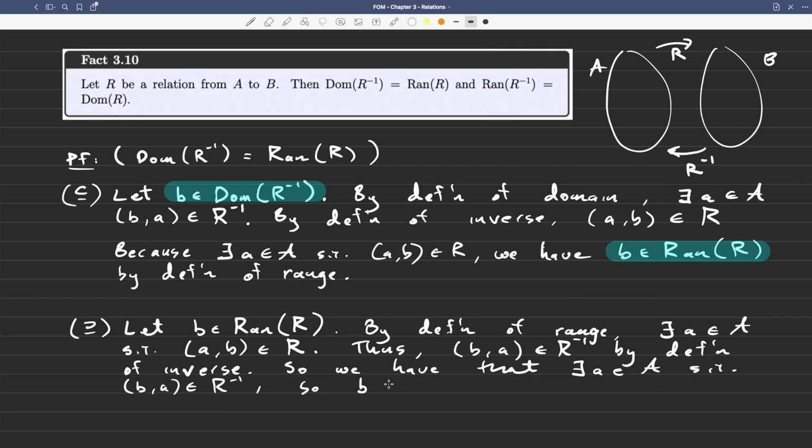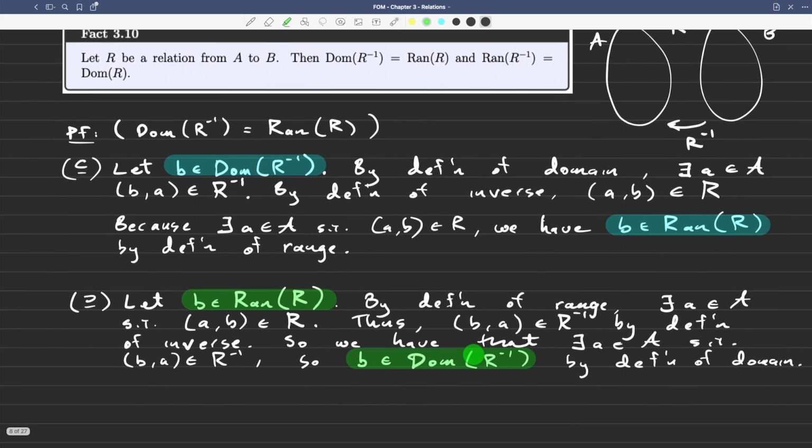So little b is in the domain of R inverse, being a first component in that relation. And here we're using the definition of domain. And again, if you look at where we started, with little b in the range of R, we arrived at little b in the domain of R inverse. So we've proven that reverse containment. And then that's the proof.